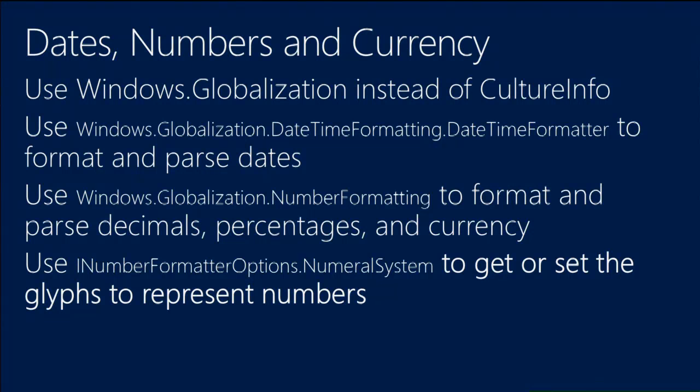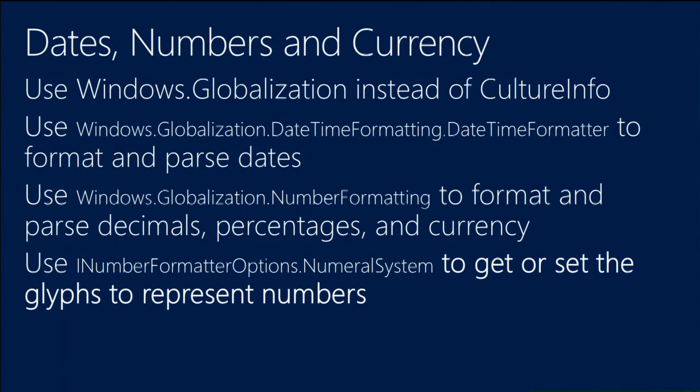DateTimeFormatter can be challenging at first for .NET developers because it doesn't use the cryptic dd, MM, yy coding, but instead it uses long date, short date, or, if you need to specify, month and year.